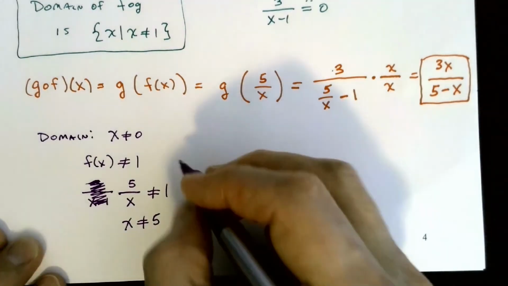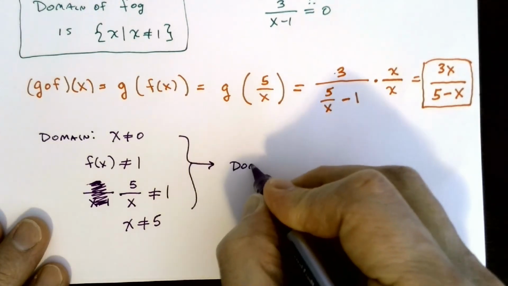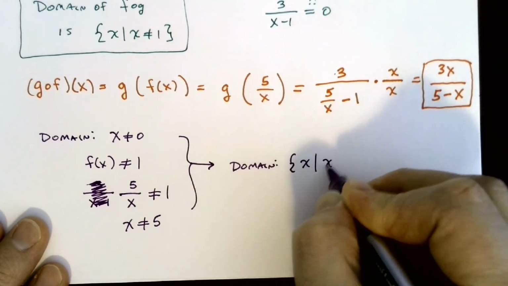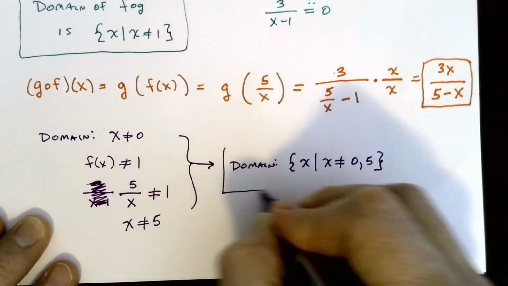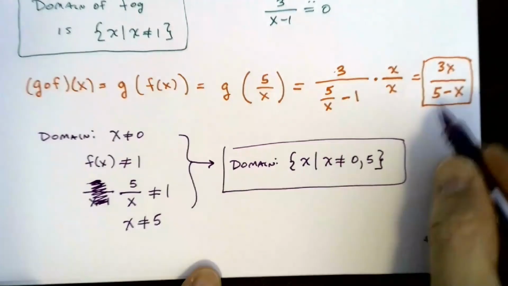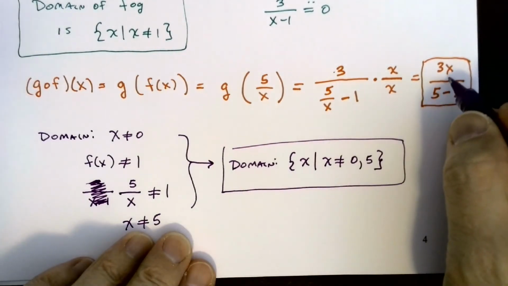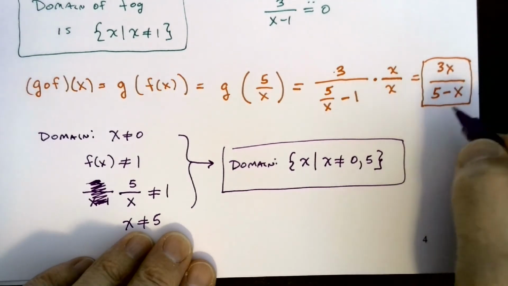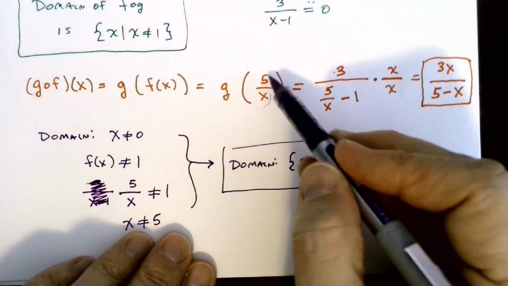But this tells me together that the domain is all real numbers except for 0 and 5. And 5 we can see, but notice in this simplified form, you could plug a 0 in. 3 times 0 is 0, 5 minus 0 is 5, 0 divided by 5 is 0. But again, we can't plug in 0 because remember where we started. We started with the function f of x.